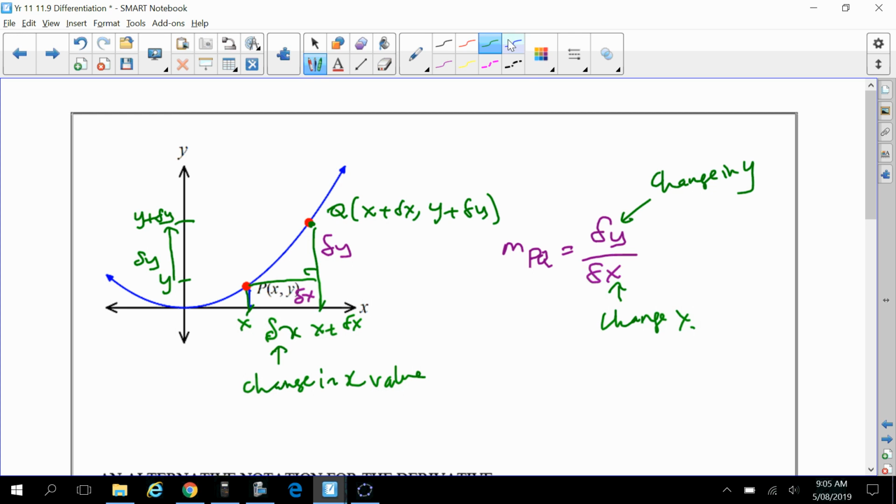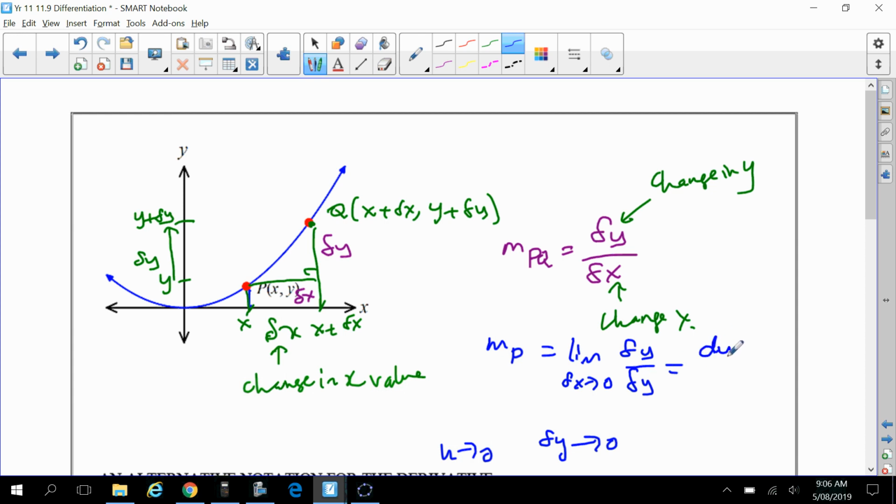And we saw earlier that the gradient of the tangent at P is the limit, as instead of h approaching 0, we have delta x approaching 0 of delta y over delta x. Of course, delta y also approaches 0, but in such a way that it becomes a limit. And the value of that limit is called dy over dx.